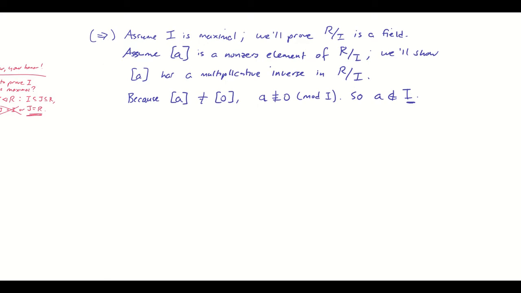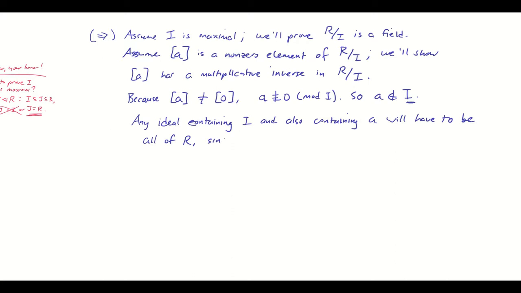All right, so in other words, any ideal containing I and also containing A will have to be all of R. And this is because I is maximal.